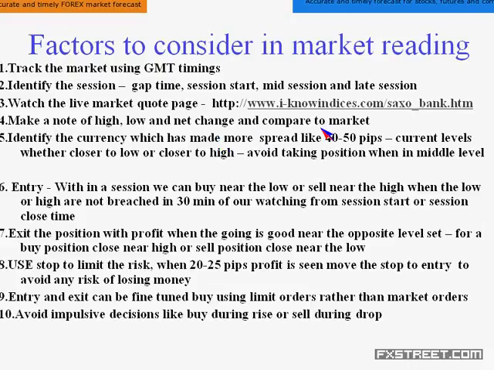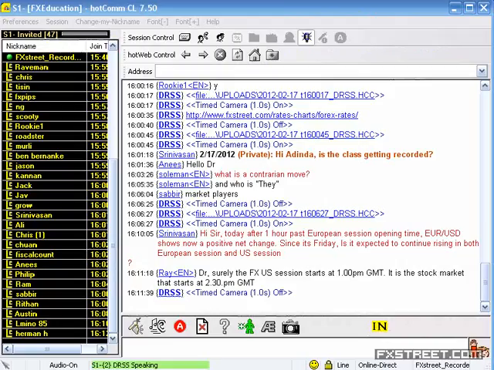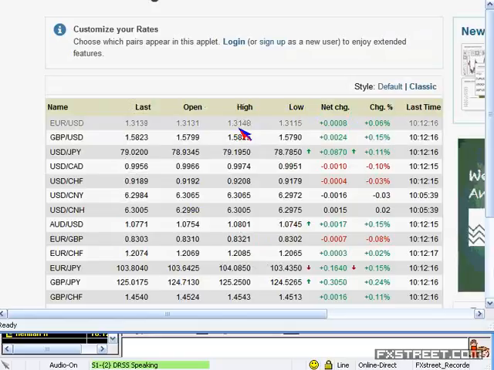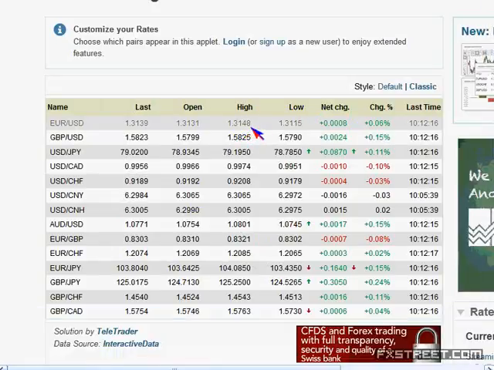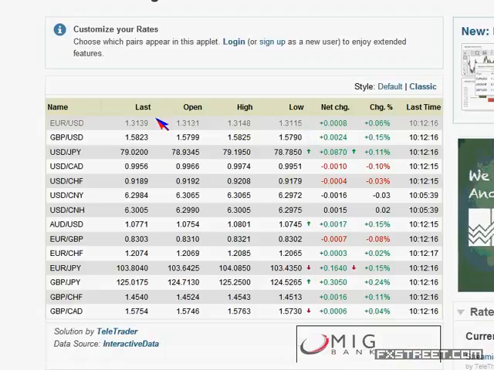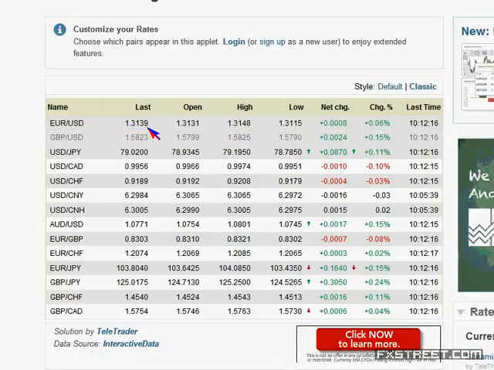Make a note of the high, low, and net change and compare the market. That is what I showed in the live market code page. The high and the low, what you come across, currently in the case of euro, is a high of 1.3148 and 1.3115 is the low, and currently the market is closer to the high. 3148 is the high, 3139 is the current level.